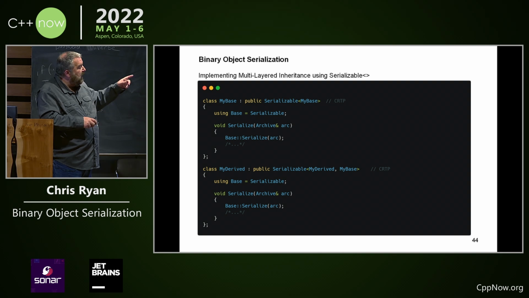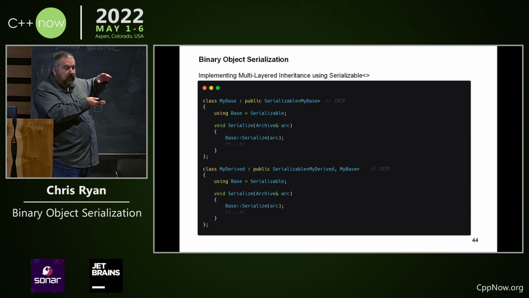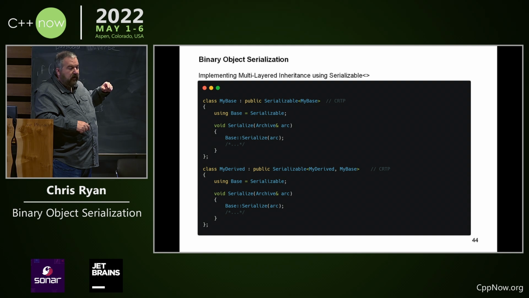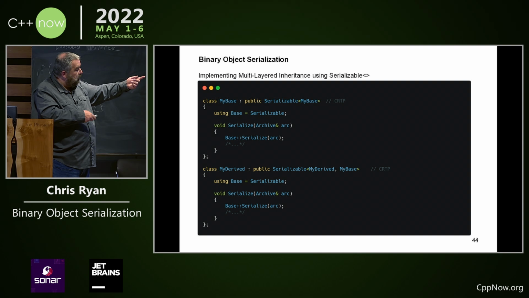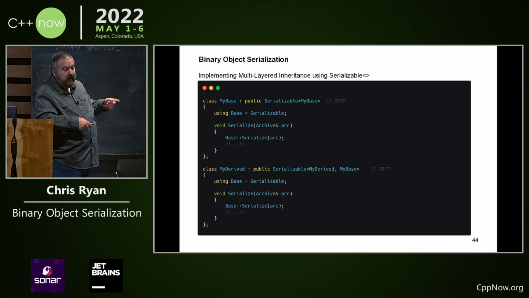I could have made this two separate serializable templates, where I knew if it was going to be in the middle between two classes or if it was going to be up at the top. I found it easier to just have a default parameter of serializable base for what my base was if they don't supply it. If they do supply it, it doesn't use the serializable base, and it depends on who they're inheriting from to eventually have inherited from serializable base.